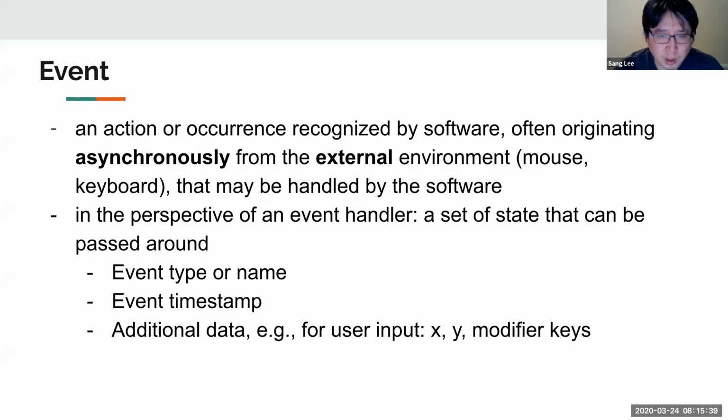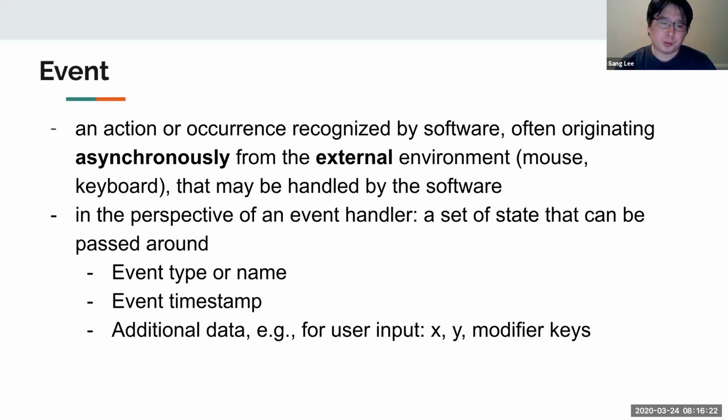From the perspective of an event handler, an event could be seen as a set of state that can be passed around. In a JavaScript or jQuery event handler, the parameter of the handler function is the event, right? There's a default parameter, and it has multiple states inside about the event itself. For example, the event type, name, the target object, when it happened, and some additional data: if it was a mouse click, where it was clicked; if it was a key press, which key was pressed.